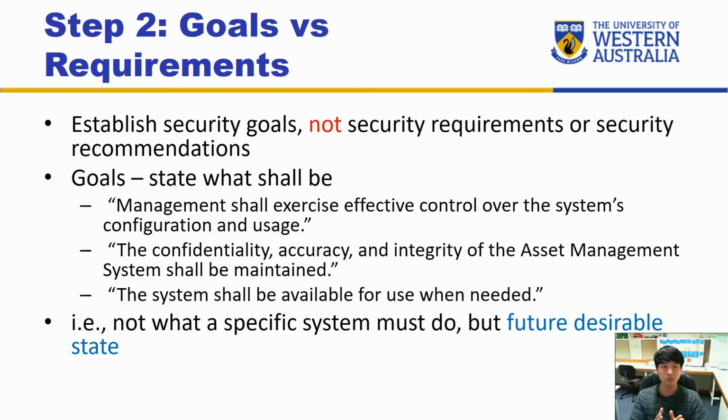Management shall exercise effective control over the system's configuration and usage. The one we saw before, the system shall be available for use when needed. All those are describing the desirable state of your system or software, right? So you can think simply as the goals are describing a future desirable state of your system, okay?